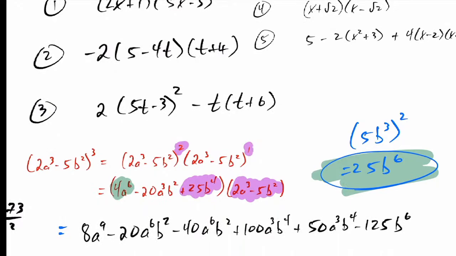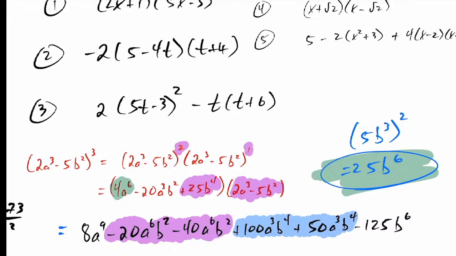So all this ugliness expanded out and got this here. Now we do have some like terms. I'm noticing I've got a to the 6th b squared, a to the 6th b squared, and then I also have 100a cubed b to the 4th, a cubed b to the 4th. So those are like terms. I can put those together.